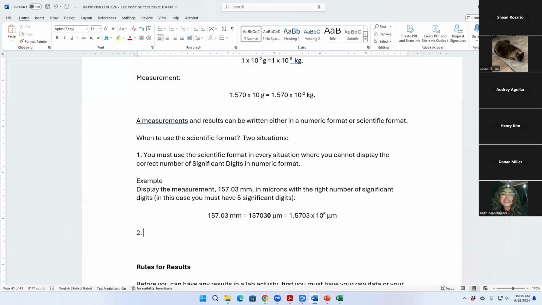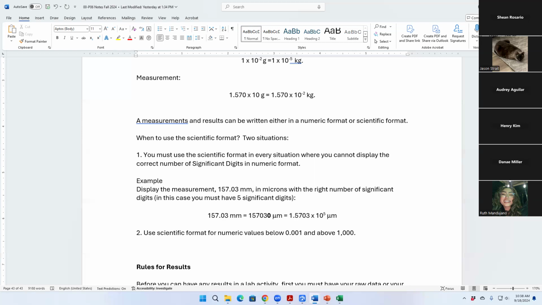Another situation that I recommend, it's not a requirement, but it is highly recommendable. Use scientific format for numeric values below 0.001 and above 1,000.